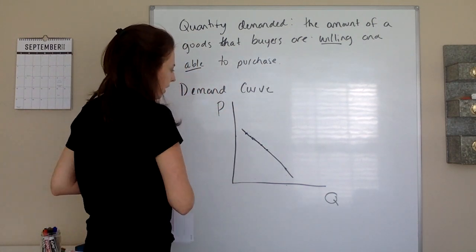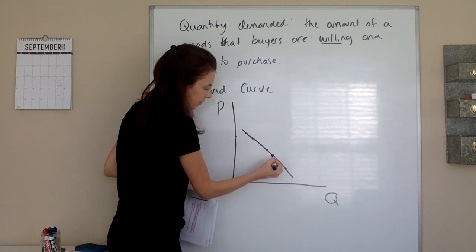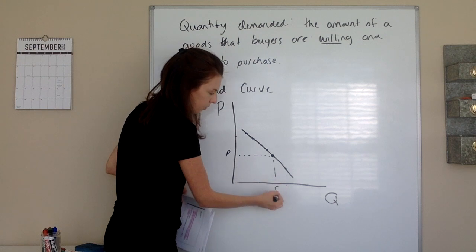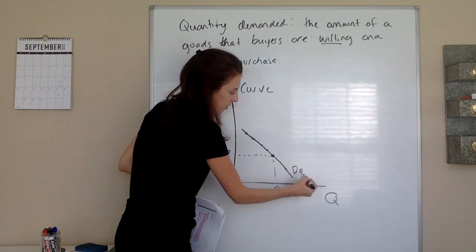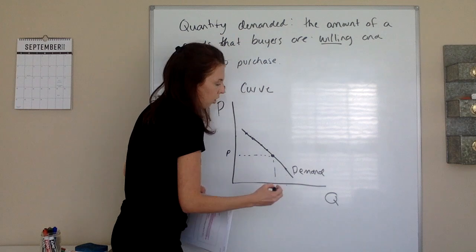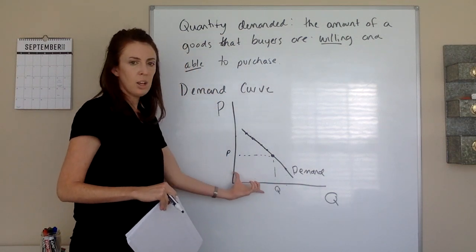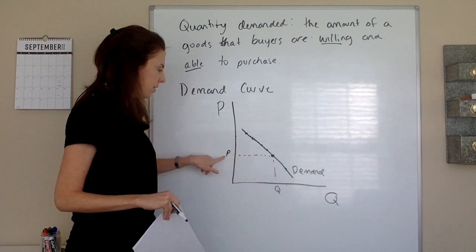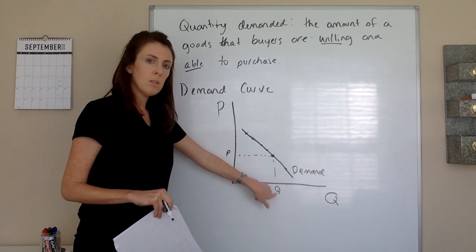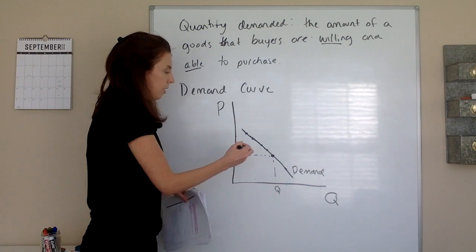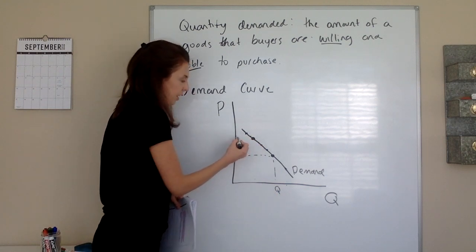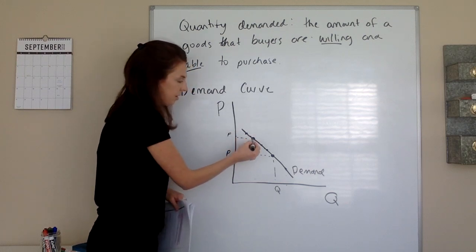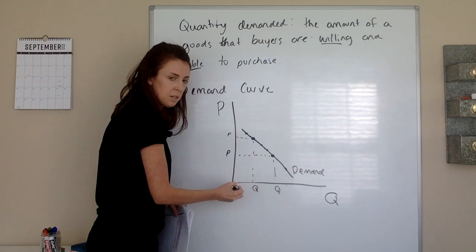If we pick this particular coordinate right here, that goes with a price and a quantity. So this demand curve tells us all the combinations of price and quantity that go together. In other words, this dot tells us that if the price were this level, then this is the number of units that people would demand. The curve also tells us, because there's a dot there, that if you raise the price up to this level, then at this price, this is the number of units that people would demand.